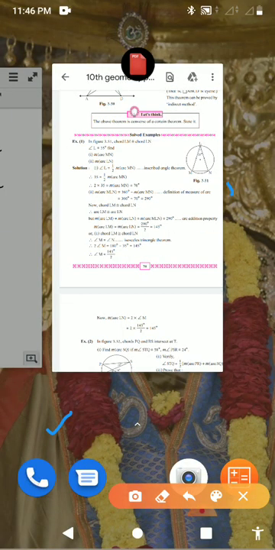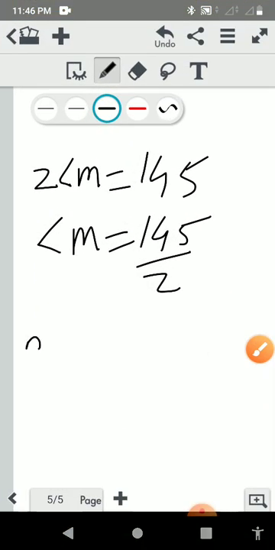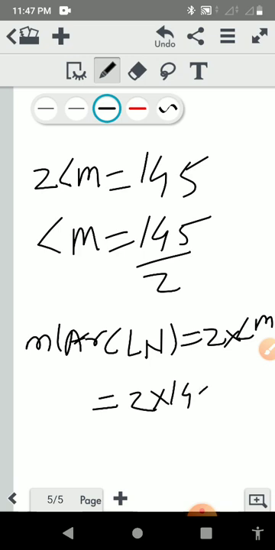The 2 gets cancelled out, and I get 145.